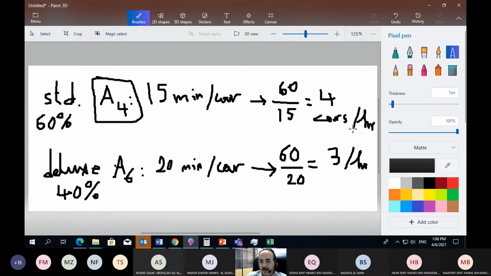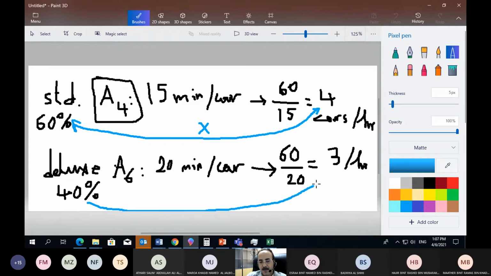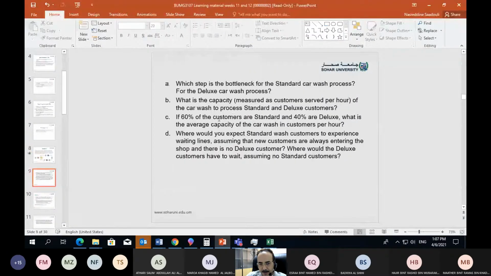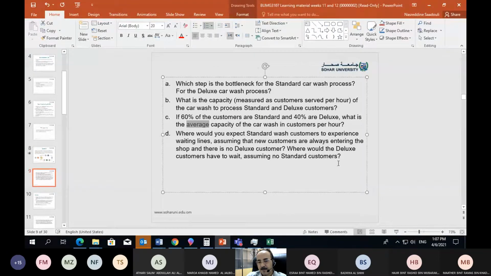We take the capacity of the standard multiplied by the corresponding probability. Add to that the capacity of the deluxe multiplied by the corresponding proportion. So therefore 4 times 0.6 plus 3 times 0.4. That's how we would determine the overall average capacity of the entire system.